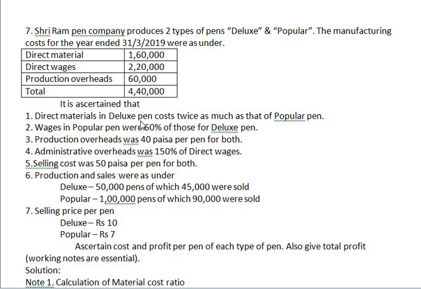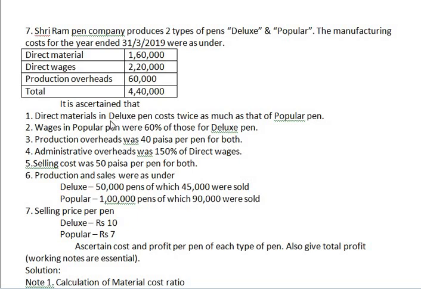First point is direct material in deluxe pen costs twice as much as that of popular pen. It means if deluxe pen is 2, then popular pen will be 1. Direct material in deluxe pen costs twice, twice means 2, as much as that of popular pen.